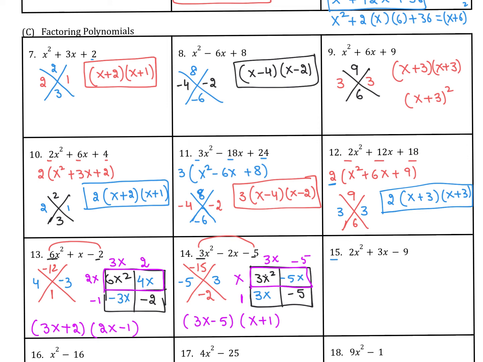For number 15, you cannot take any GCF out and make this 1 just like above. You have to deal with this 2x squared and use the cross and box method.